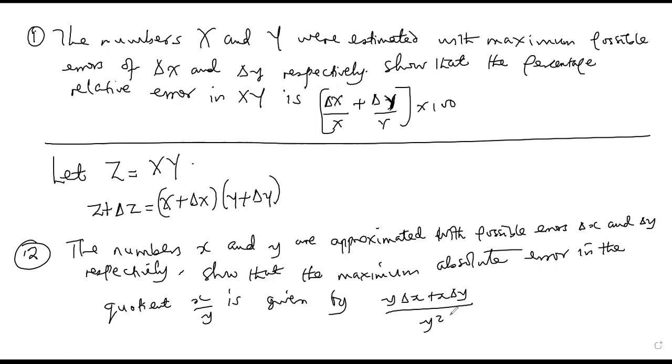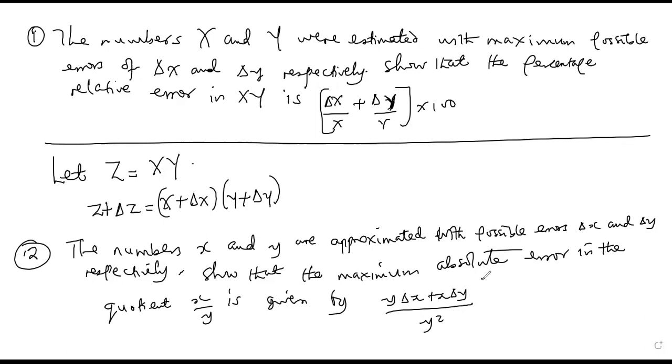Now, the fact that we've proved in the quotient or in a division, it becomes very easy for someone who is doing this question, because it is not any different from the proof that we have made.